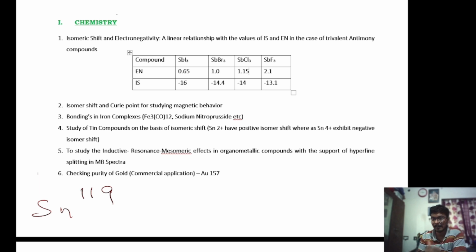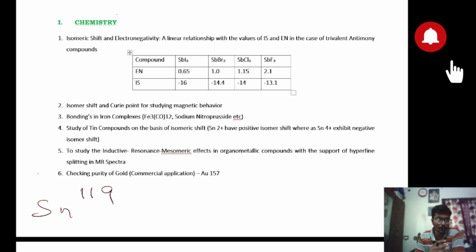In the case of the inductive effect, we already have a class on this. The inductive effect is the tendency to withdraw electrons towards itself, as in an electron withdrawing group, and also the tendency to release electrons. In the case of an alkyl group, it will have a tendency to release electrons. As a result, the electronic environment changes, and there occurs certain splitting and a change in isomer shift value.